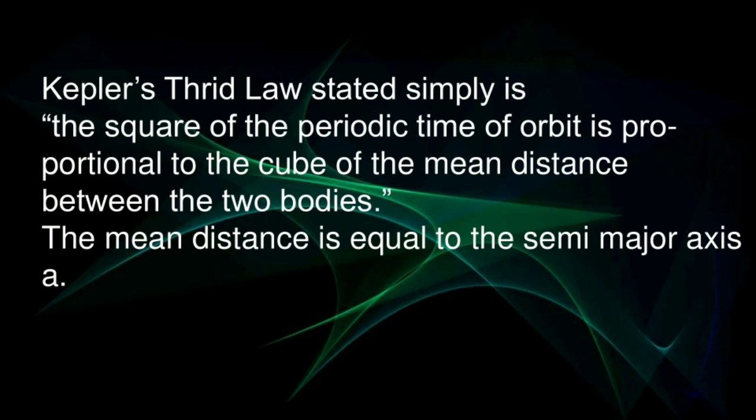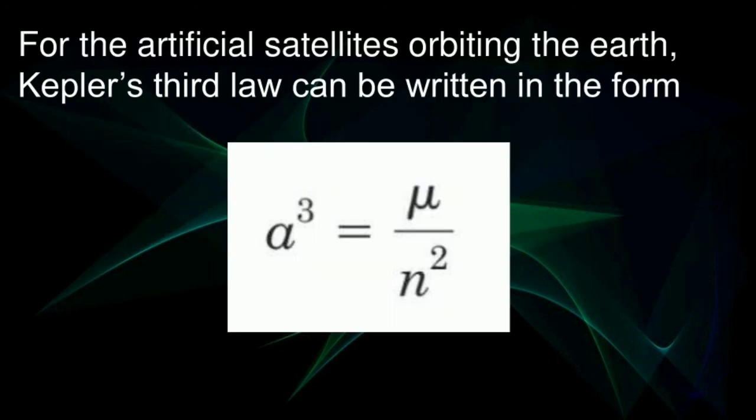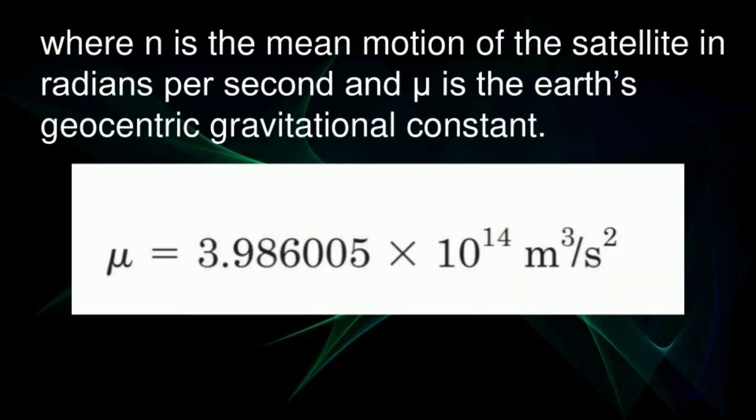The mean distance is equal to the semi-major axis A. For artificial satellites orbiting the Earth, Kepler's third law can be written in the form A cube is equal to mu by n square, where n is the mean motion of the satellite in radians per second and mu is the Earth's geocentric gravitational constant, where mu is equal to 3.986005 into 10 to the power 14 meter cube per second square.